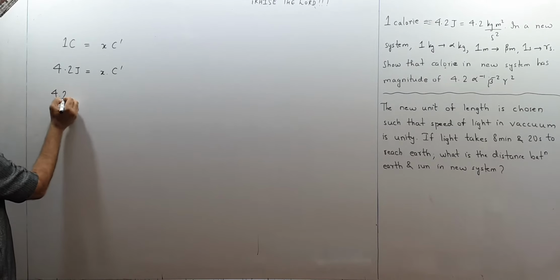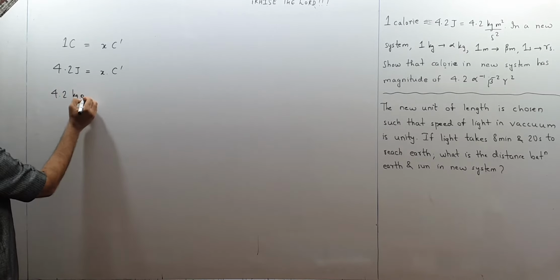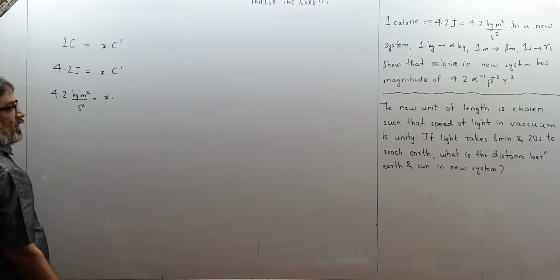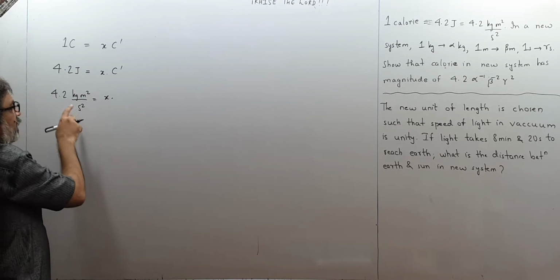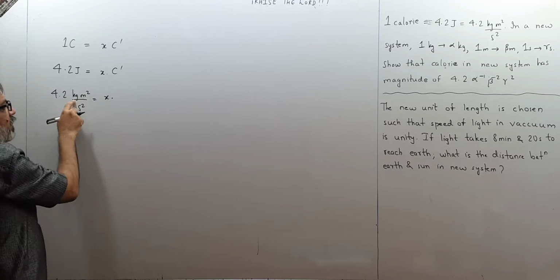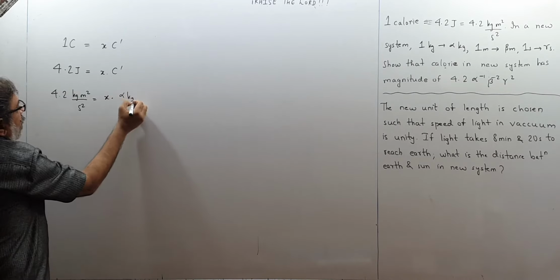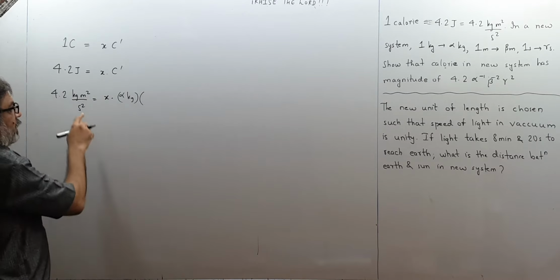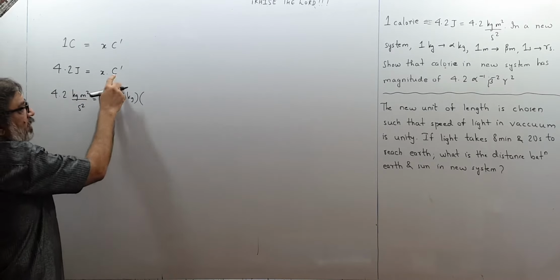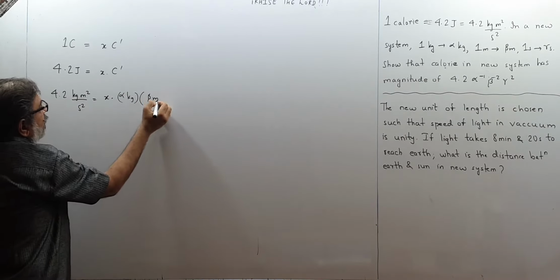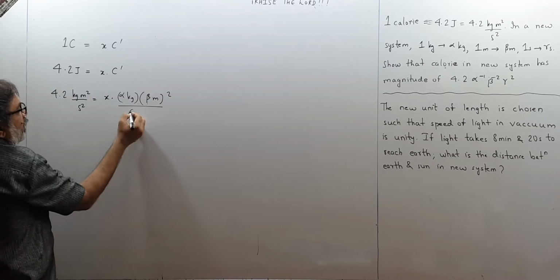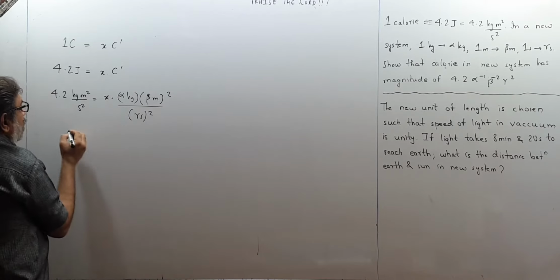So 4.2 joule means kg meter square upon second square, that will be x times c dash, new system units, kilogram meter square upon second square. Instead of kilogram I will write alpha kilogram, because in this system mass is alpha kilogram. Meter square means length square, so here there is beta meter square, and upon second square, so here there is gamma second square.